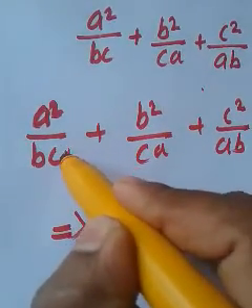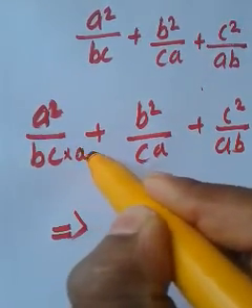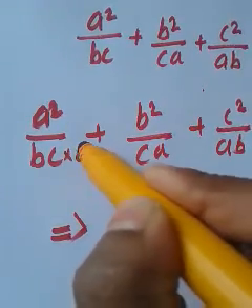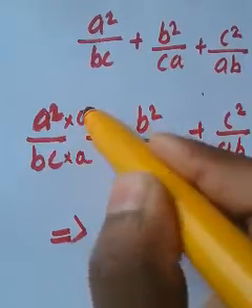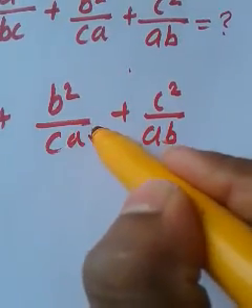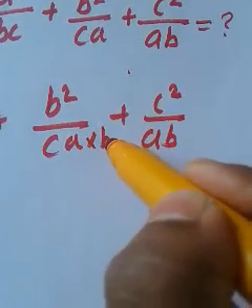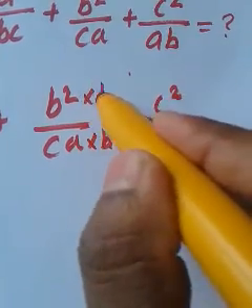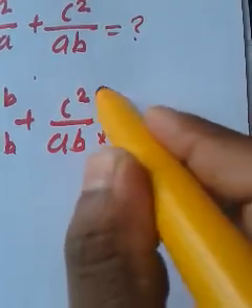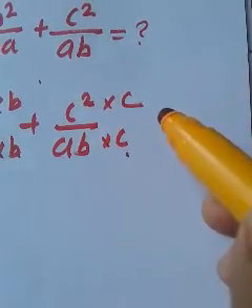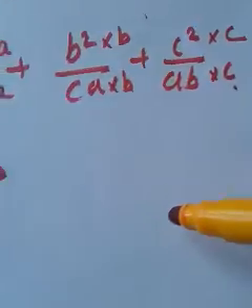Let me multiply here in the denominator with a. Since I am multiplying the denominator with a, we are supposed to multiply the numerator also with the same number a. And here I am going to multiply with b, so here also you should multiply with b. Here I am multiplying with c, so here also you should multiply with c. Do not ask me why, you will understand in the very next step.